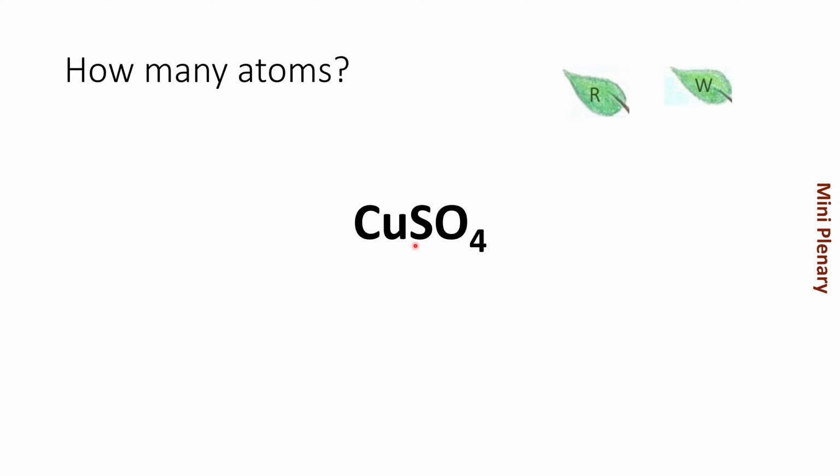There's 1 atom, sulfur, and there are 4 oxygen atoms. So that's 4, 5, 6 atoms in total. This one, let's have a look. Well, we've got 2 hydrogen atoms, we've got 1 sulfur atom, and we've got 4 oxygen atoms. So that's 4, 5, 6, 7.